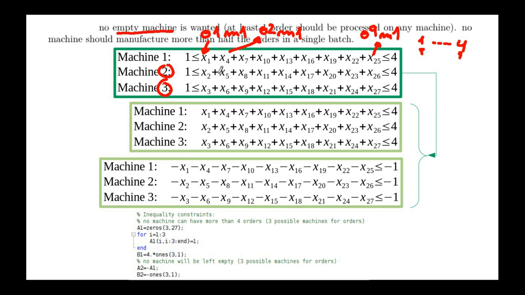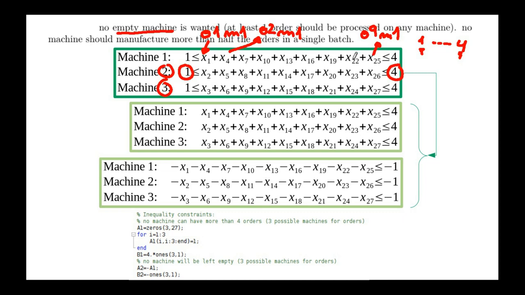And the important thing is that we have a lower bound and an upper bound of all these elements added together. So, for example, order number 1, order number 2, 3, and 4 could be processed by machine number 1, okay?